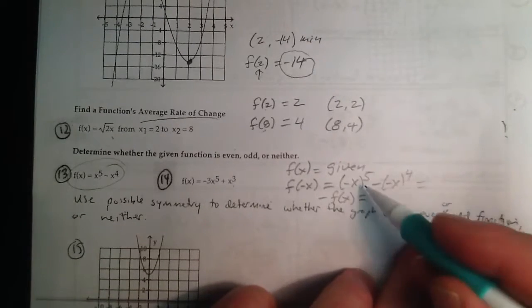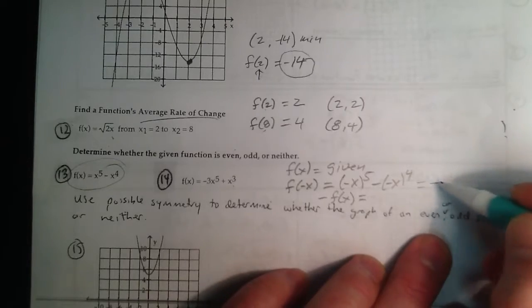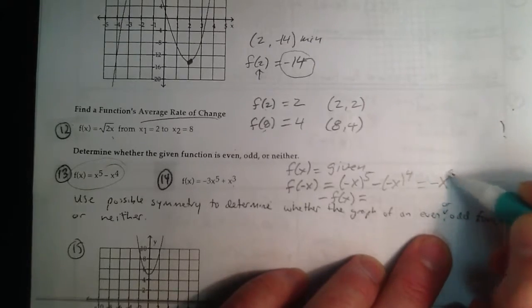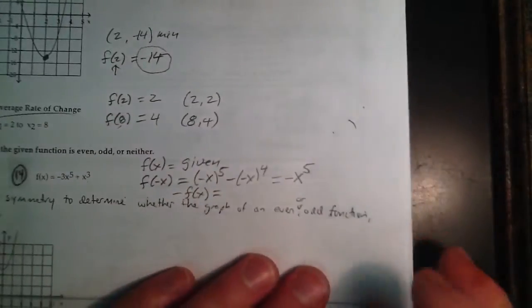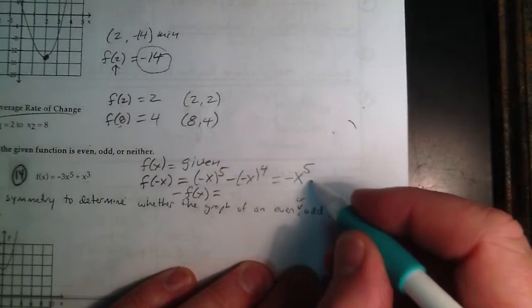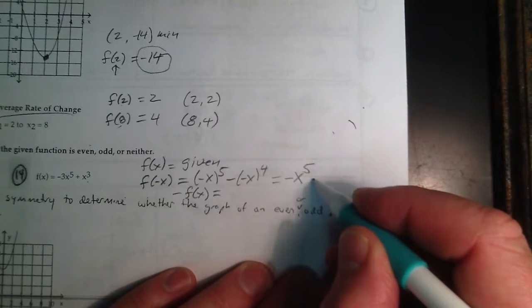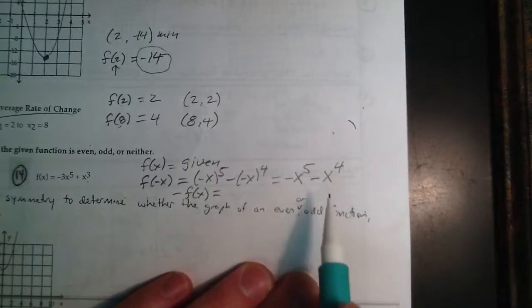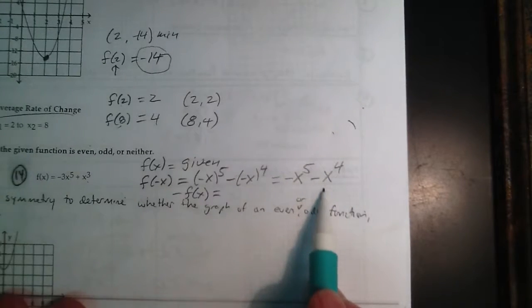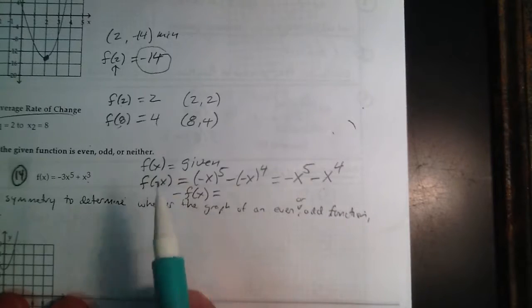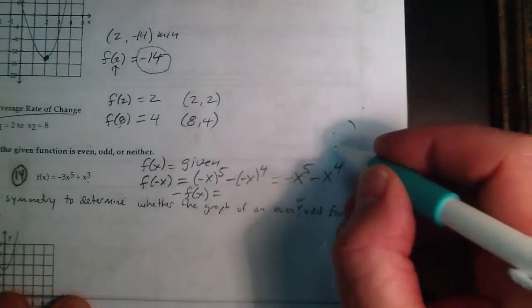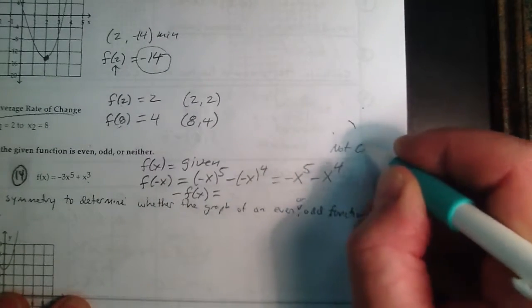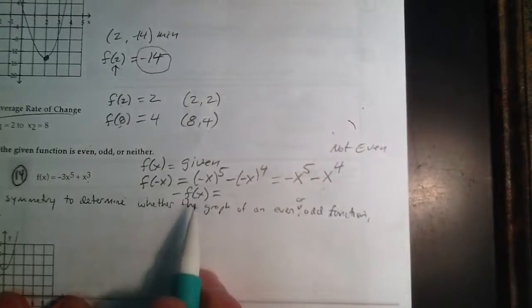All right, to an odd power, this is going to be negative. To an even power, this is going to be positive. So that's going to look like that. That is not the same as my given function. So it is not even. Okay, what does this say?